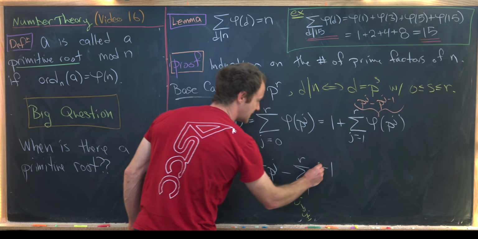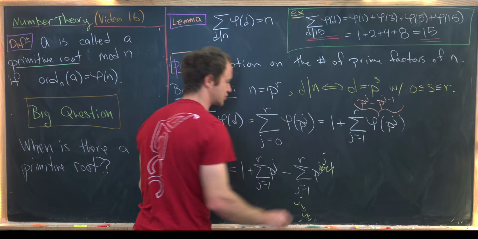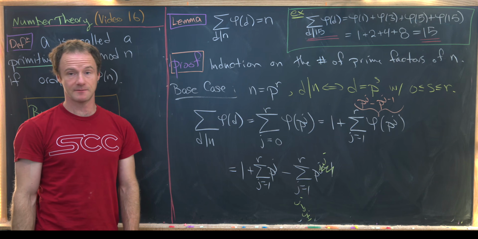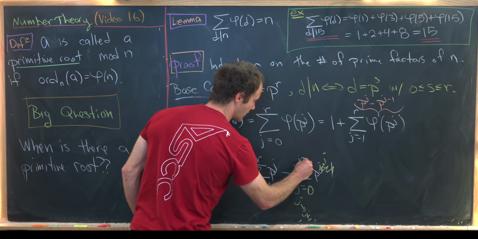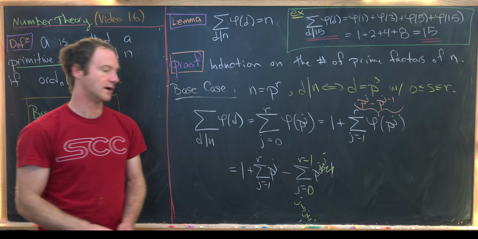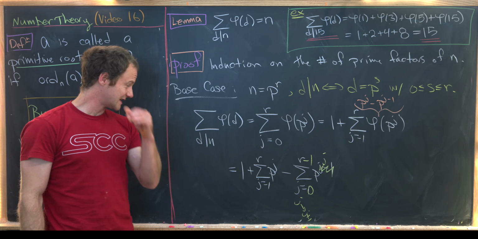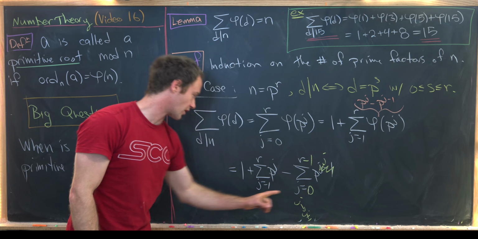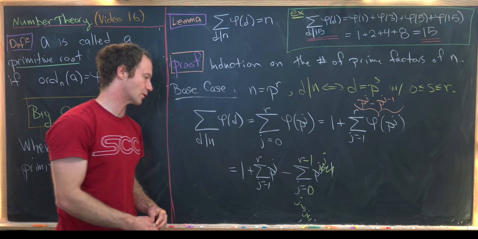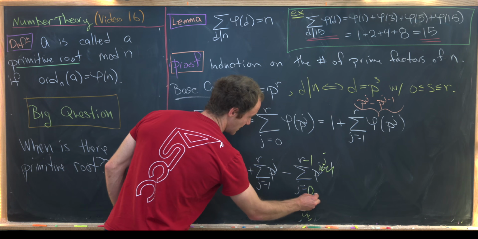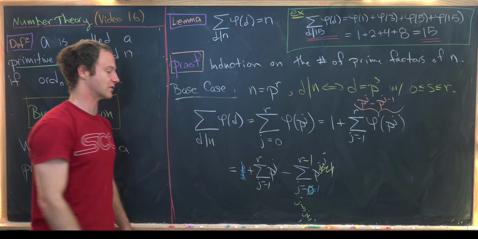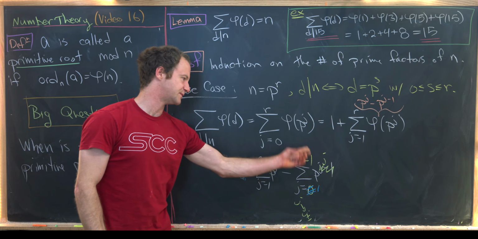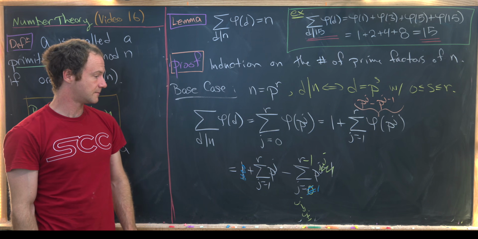So that means this p to the j minus 1 will change to p to the j. And then our index will start at 0 and end at r minus 1. But now let's notice that the 0th term will cancel out with this number 1 here. Well, that's because p to the 0 is equal to 1.